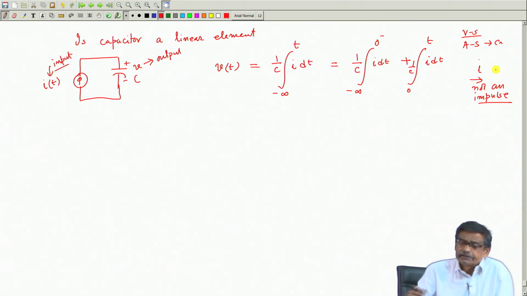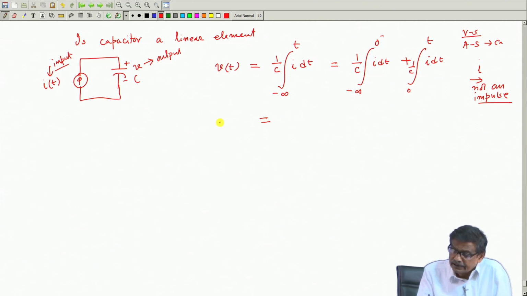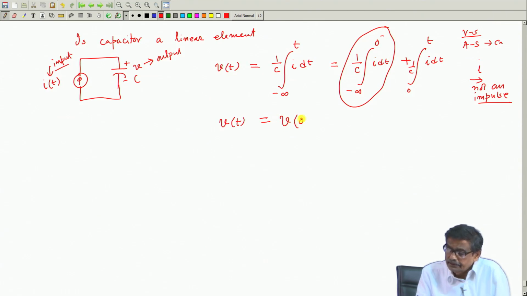So, for a general function, the voltage across the plate of the capacitor at any time t: this quantity is your V0 minus. At t equal to 0 you are doing some switching, and the voltage at any time t is this, plus 1 by C times the integral of I dt from 0 to t.